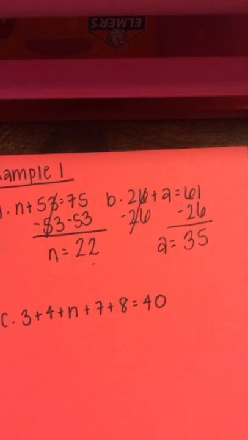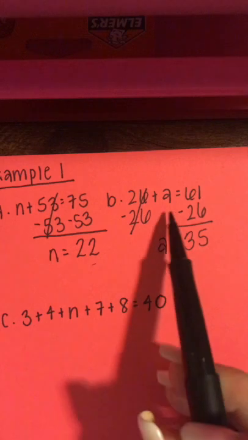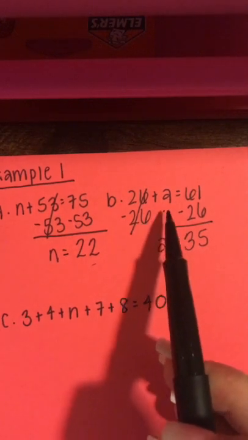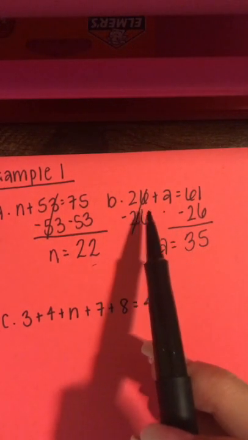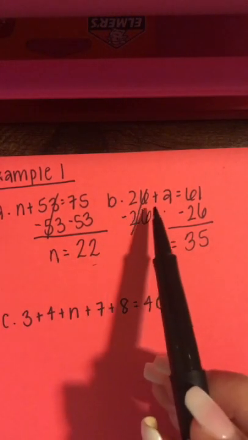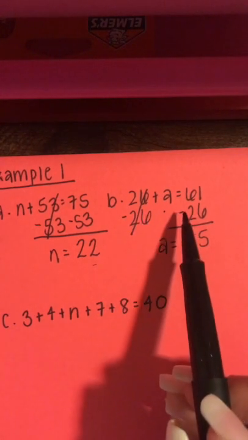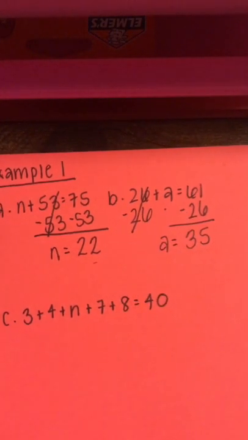So we now have our answer, a equals 35. And again, you can plug 35 back in up here for a, and then you will see that 35 plus 26 will give you 61. And again, we are taking our addend, which is 26, and we are subtracting it from our sum.